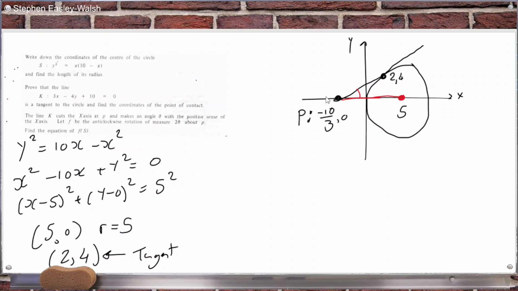Okay, cut the x-axis at P and make an angle theta with the positive sense of the x-axis. Let F be an anti-clockwise rotation of measure 2 theta about P. Yeah. So this is going to get moved. There's another theta here.